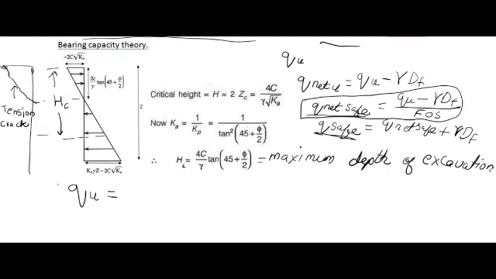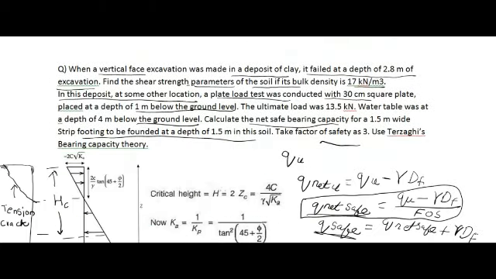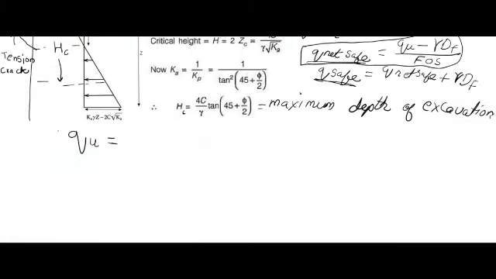For a strip footing, since in the problem it is written as a strip footing, Qu, that is the ultimate bearing capacity, is given as Qu equal to cNc plus gamma Df Nq plus 0.5 gamma B N gamma.